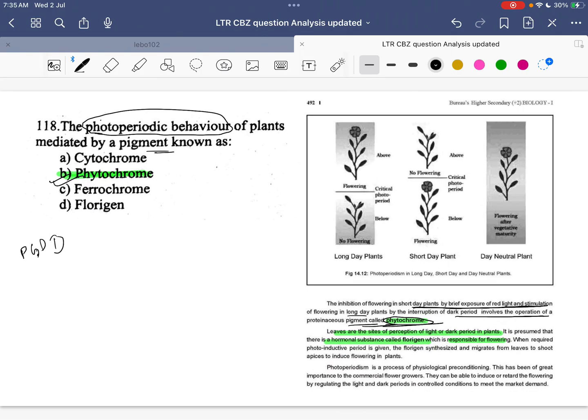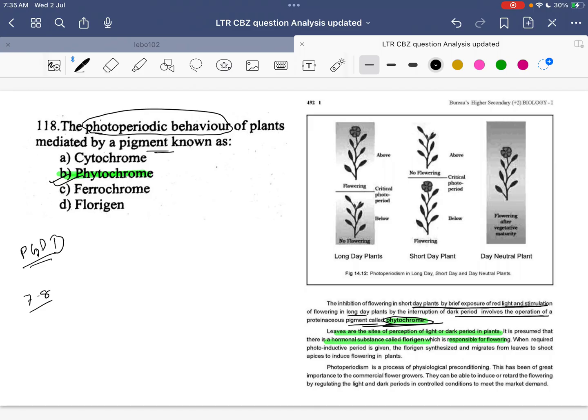Okay, a question from the plant growth and development chapter. Plant growth and development, PGD, that's why it is mentioned. From this chapter, around 7 to 8 questions came. It's a very small chapter. The significance of the hormones, auxin, gibberellin, cytokinin, ethylene, and these photoperiodic behaviors, how plant hormones and chemical control work in the plant.